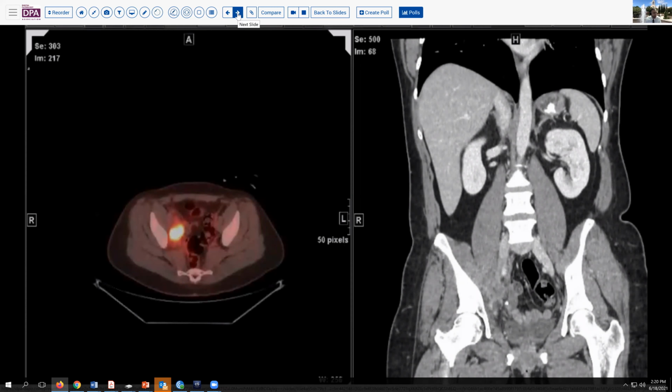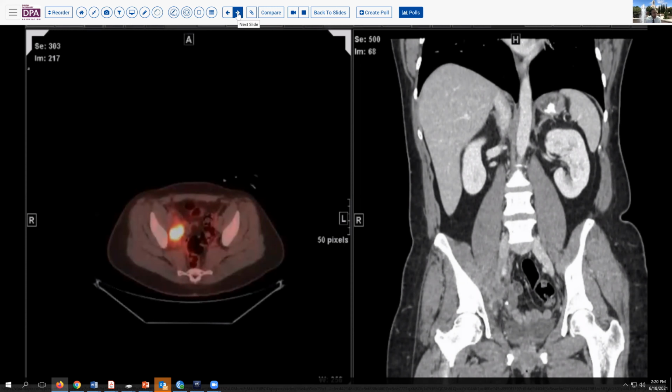With some difficulty, this sample was obtained, and we can see it's somewhat fragmented, with variable amounts of necrosis, and probably some lymphoid tissue in the background here. As we come in on higher magnification, we can begin to appreciate that there is a malignant neoplasm here. It's forming glands.